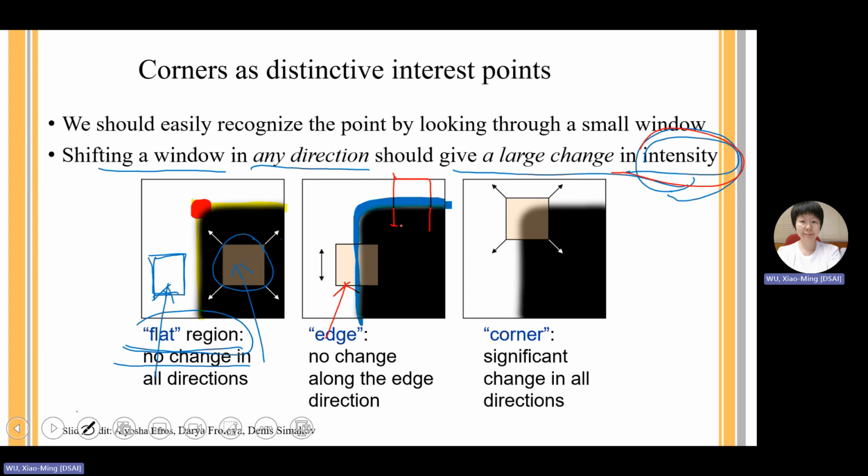The same thing happens if we slide the window horizontally along the horizontal edge. Nothing changes. But what if we move the window not along the edge direction, but along the direction perpendicular to the edge?